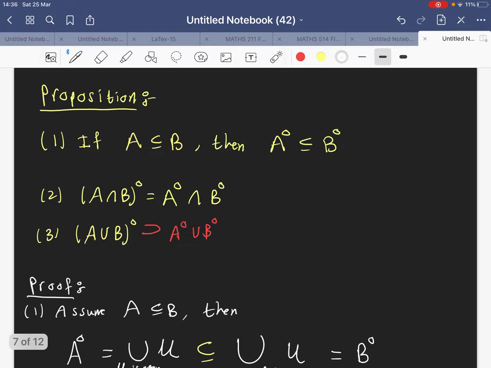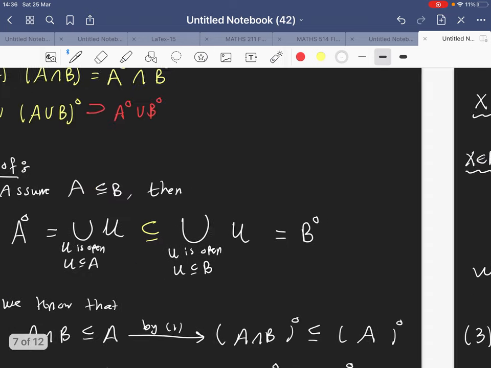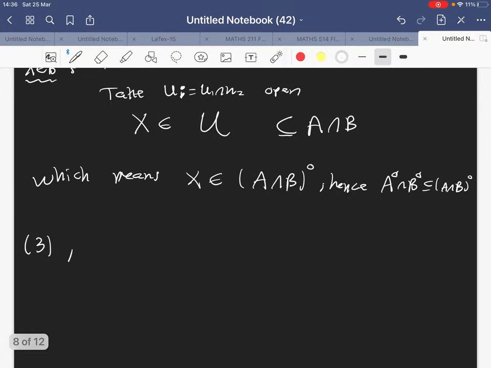We want to prove that the union of each one's interior is a subset of the interior of the union, and we will do it again using part 1 because we know this information.